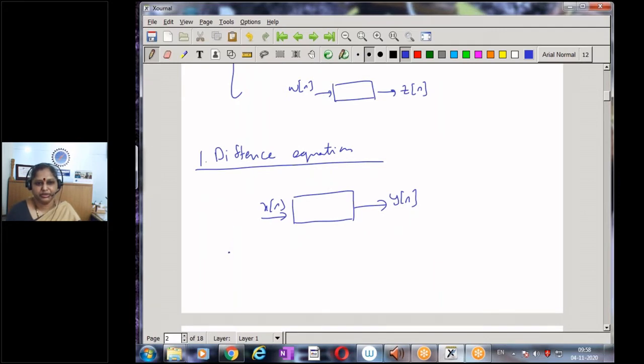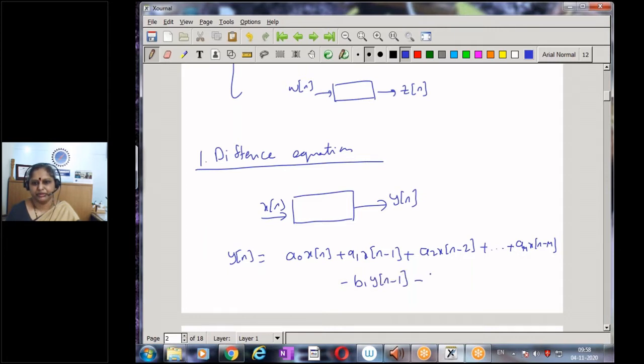In general, my output can be represented by a difference equation given by a0 x[n] plus a1 x[n minus 1] plus a2 x[n minus 2] and so on, up to am x[n minus m], minus b1 y[n minus 1] minus b2 y[n minus 2] minus bN y[n minus N].